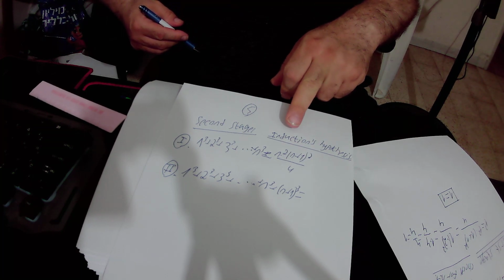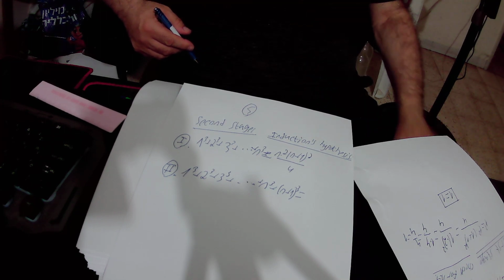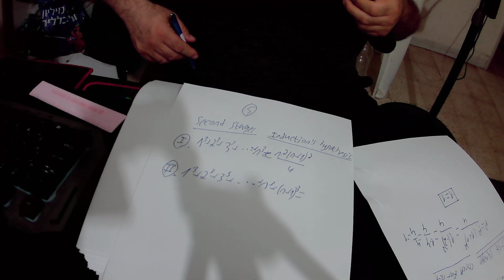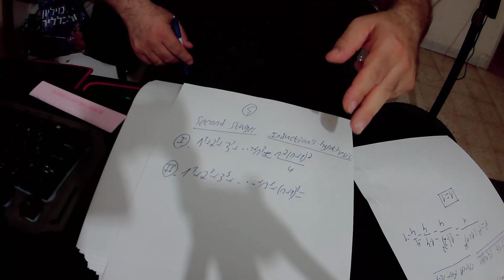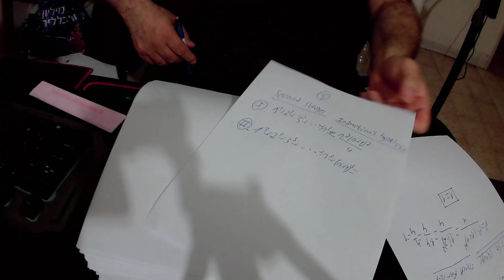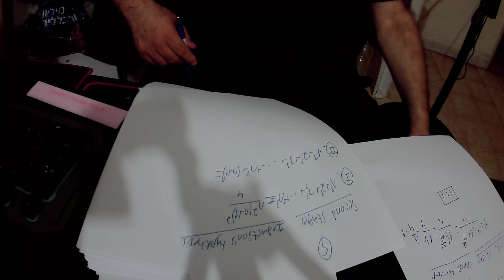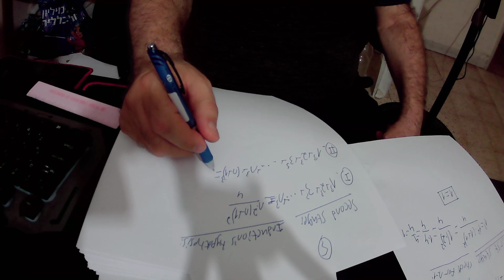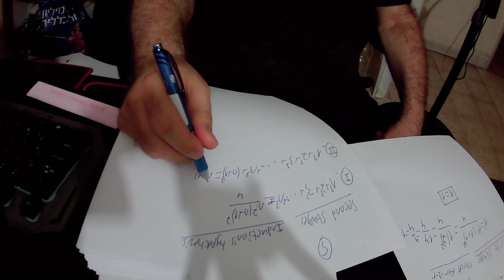So wherever it is written n in the original statement for n, we will substitute it by n plus 1 because we want to create the expression for n plus 1. So instead of n squared, we will write n plus 1 squared.